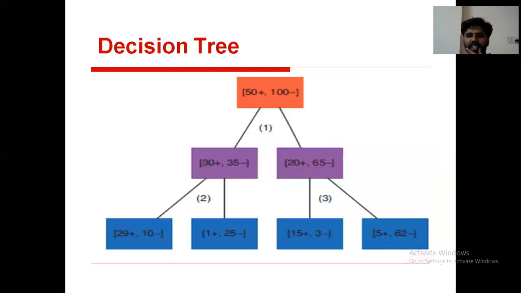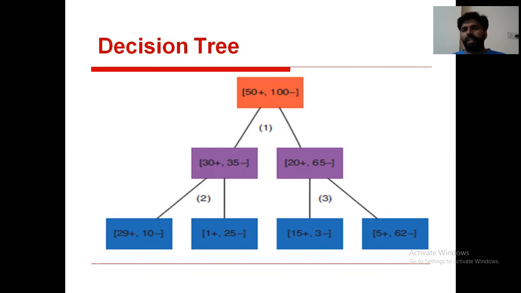And see, we constructed the model like this. The constructed model is correct. We need to apply some measures on this constructed tree model. Those are called impurity measures.